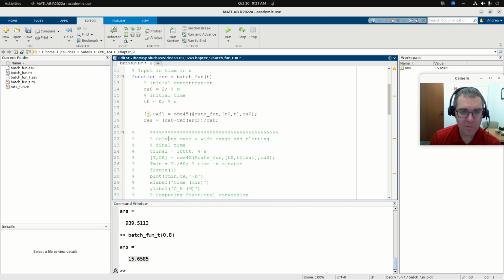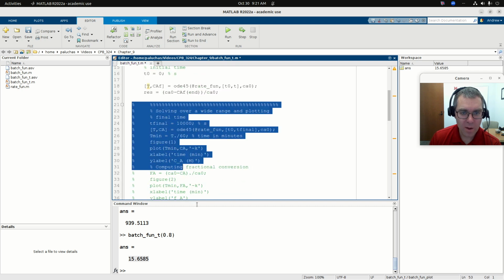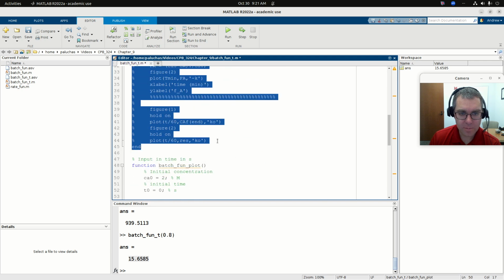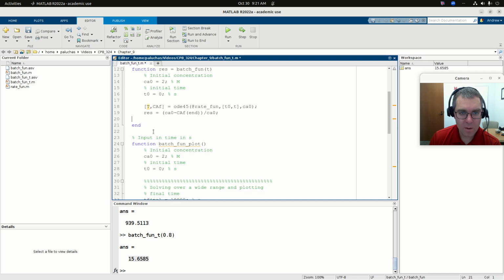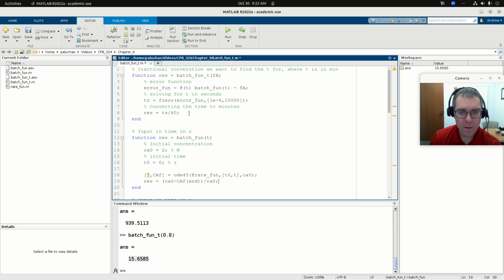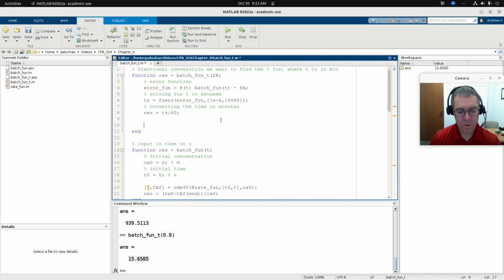So then batch fun t. I don't actually need this, since I just put all the plot part in a different function. And then I can just say, hey, plotting.